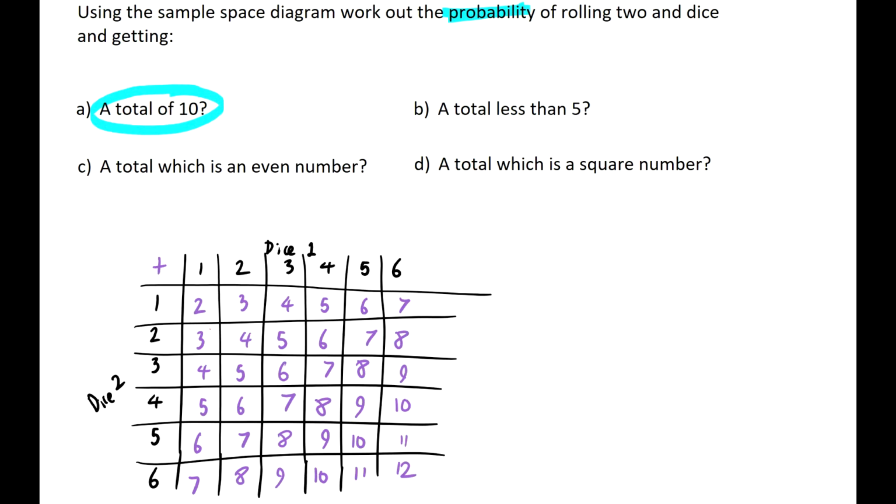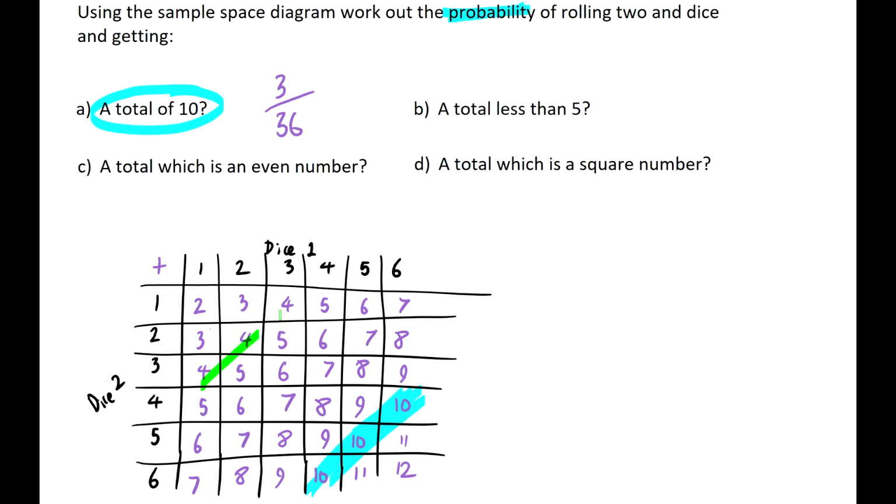Looking on my sample space diagram, there are only 3 10s on it. So odds of getting a 10, I have 3 10s out of a total of 36. So again, just like before, for this entire question, there will always be something out of 36 because there are only 36 options.